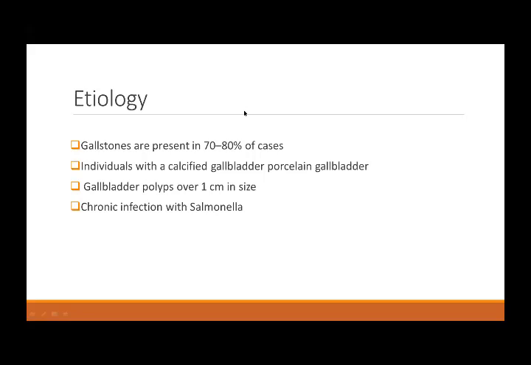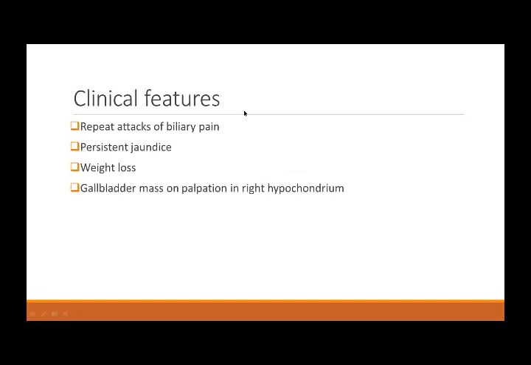Chronic infection with typhoid can cause it. Polyps can change into carcinoma, and a calcified gallbladder can change into carcinoma. So how does it present? It presents with repeated attacks of biliary colic, jaundice, weight loss, and a palpable gallbladder, because the gallbladder is large in the right hypochondrium, which could be mistaken for the liver.